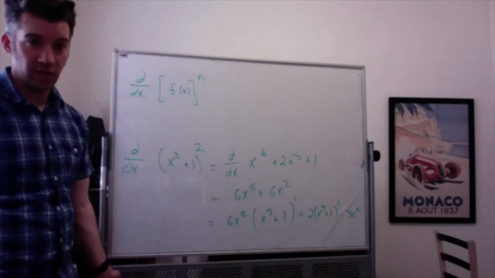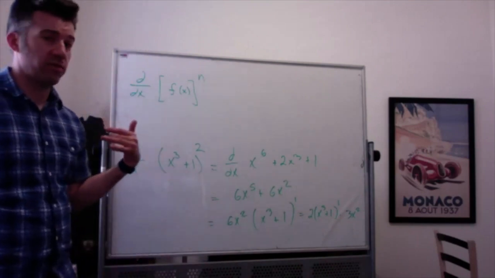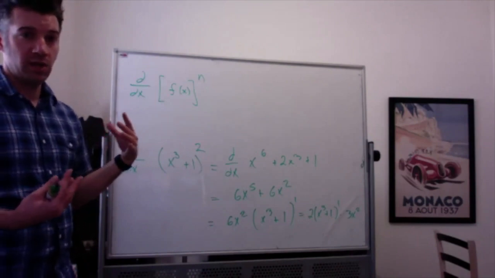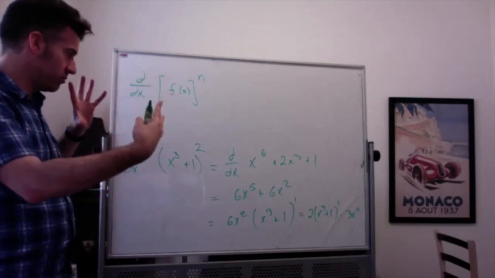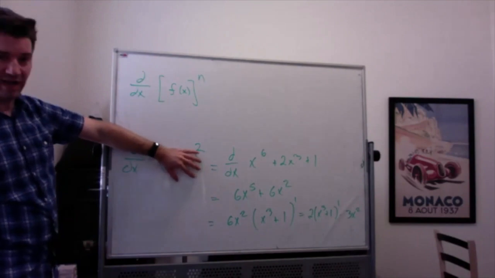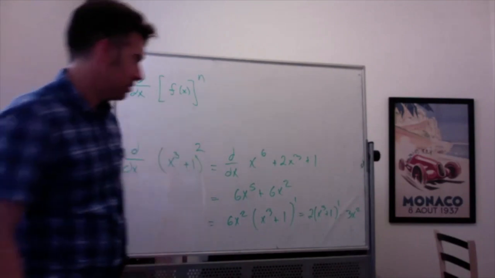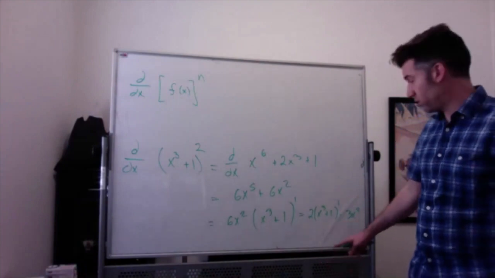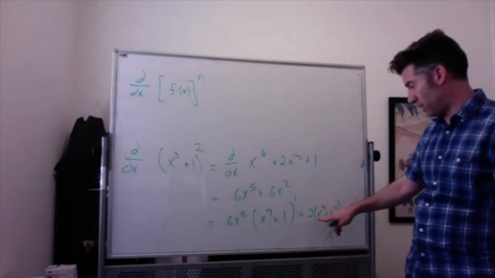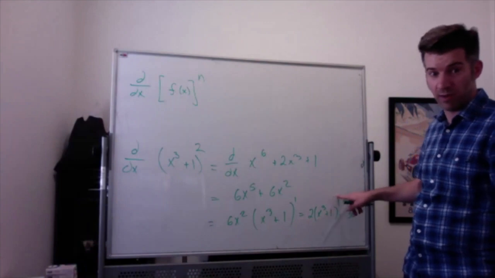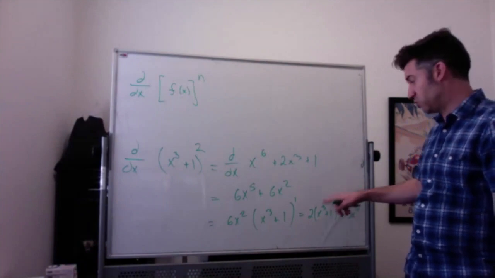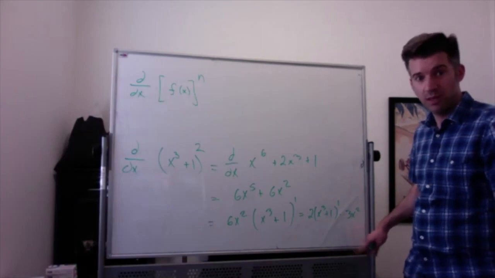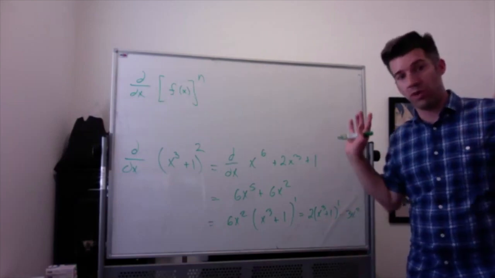That's the idea of the chain rule, really, is that when you're taking the derivative of some composition of functions, you do the derivative of the outer function. Here, the outer function is something squared. So you do the derivative of that, and you leave the inside alone. So the derivative of some stuff squared is 2 times your stuff left alone to the first power. But then you have to multiply by the derivative of the inside function, which in this case is 3x squared. That is the whole idea behind the chain rule.